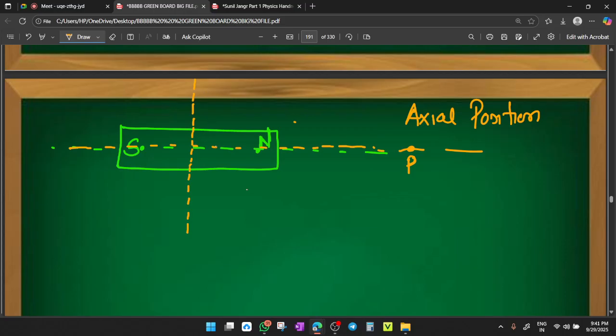You can say transverse means the perpendicular bisector, where both the distances are equal. If this one is l, this is also l. This point is called the equatorial point. Clear?